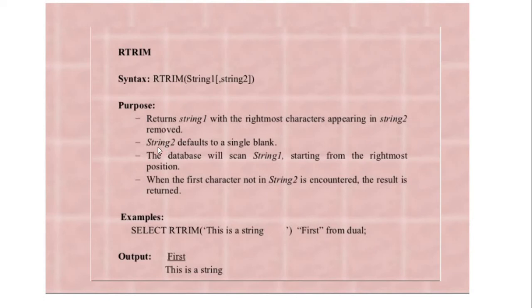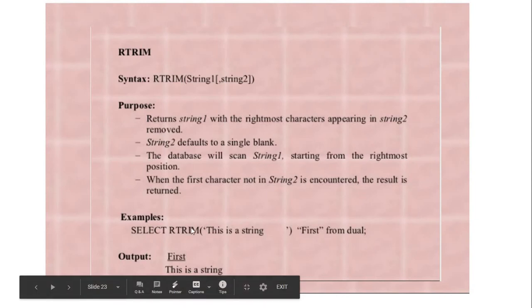If string 2 is omitted, then it will be taken as a single blank, or we can say it will remove the single blank from the right side. It works in this way: it scans string 1 starting from the rightmost position. When the first character not in string 2 is encountered, the result is returned. So see the example.